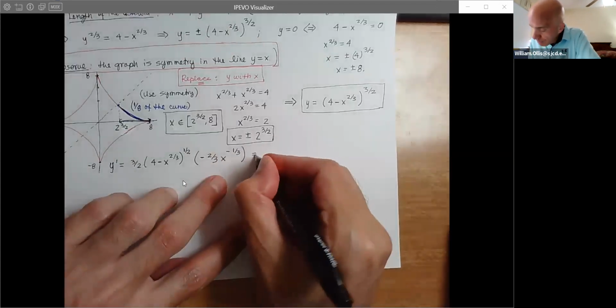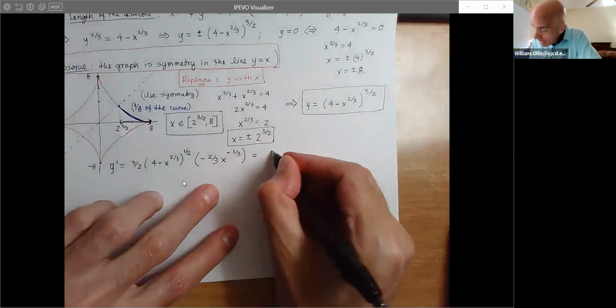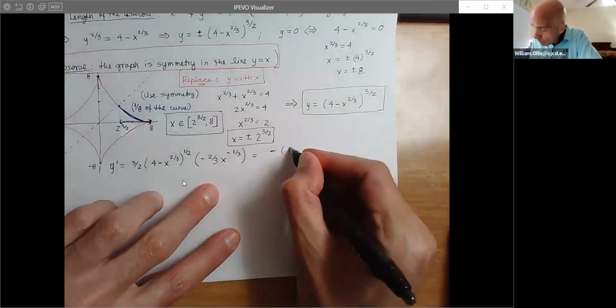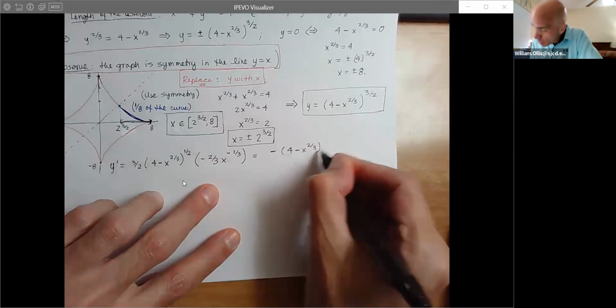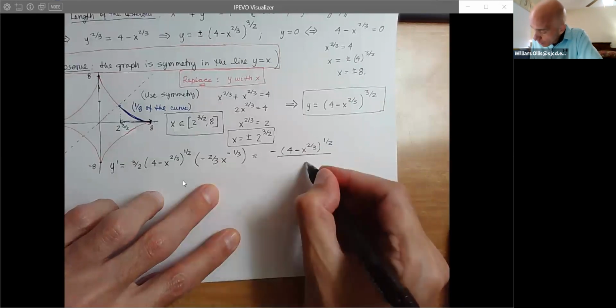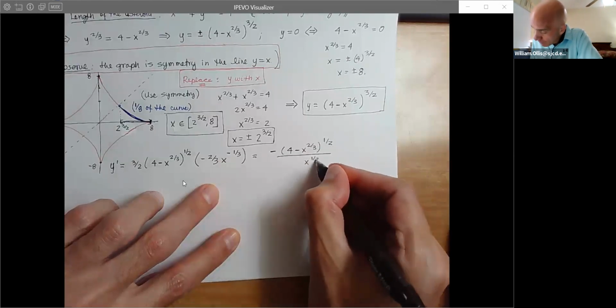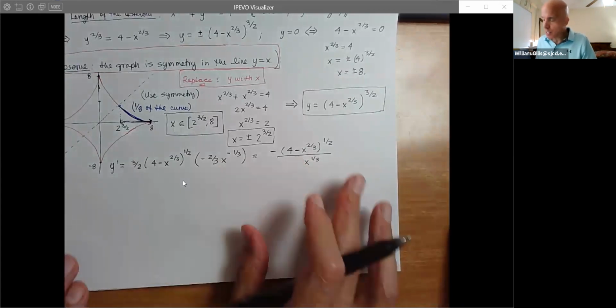So notice the 3/2 and the 2/3 absorb. So we get the negative 4 minus x to the 2/3 to the 1/2 and x to the 1/3 downstairs. Now, again, this is nice and user friendly.